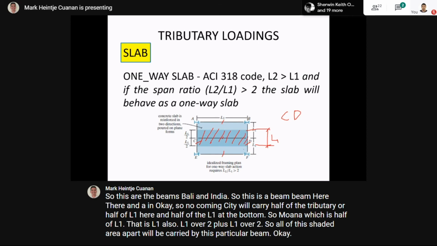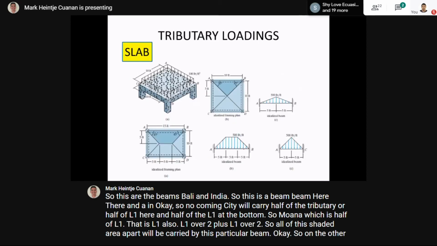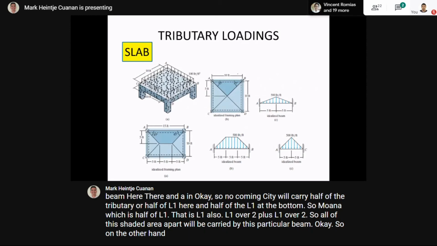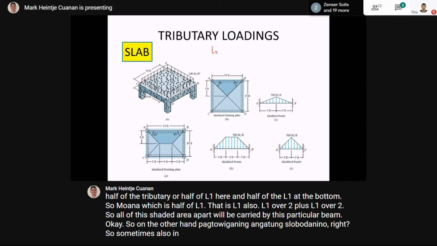So on the other hand, pag two-way ang atong slab, naka-umbrella, like what I said earlier. Alright? So sometimes also, naka-triangle, or trapezoid nga loading, depending on the ratio between L2, the longitudinal direction, and the shorter direction.